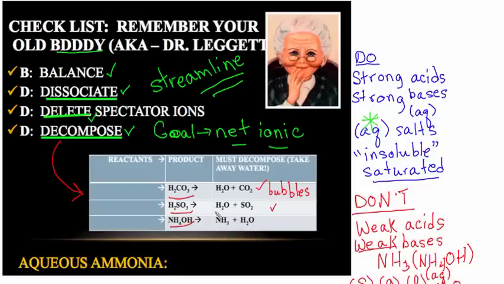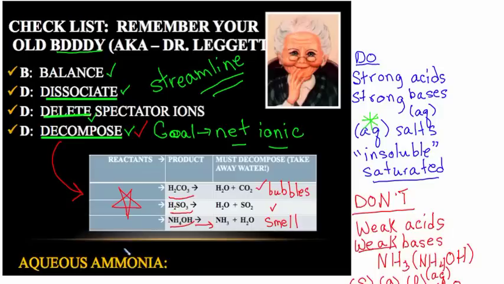Ammonium hydroxide we write as ammonia and water, because that is actually a reversible reaction that lies very, very far towards the NH3 plus H2O. And you definitely smell that ammonia as an evidence of a chemical reaction. So those are the three that you want to keep in mind when you do that last step in the checklist. You want to decompose any product anytime these three products form.